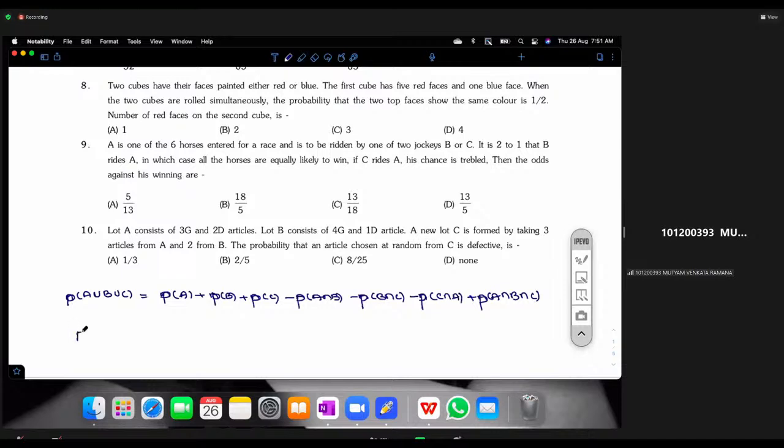It is not only this; probability of A union B union C union D, etc., will also be sigma P of, let me write A1, A2, A3, A4, etc., P of Ai minus sigma P of Ai intersection Aj plus sigma P of Ai intersection Aj intersection Ak minus, etc. It keeps on going. Okay, this is the addition theorem.